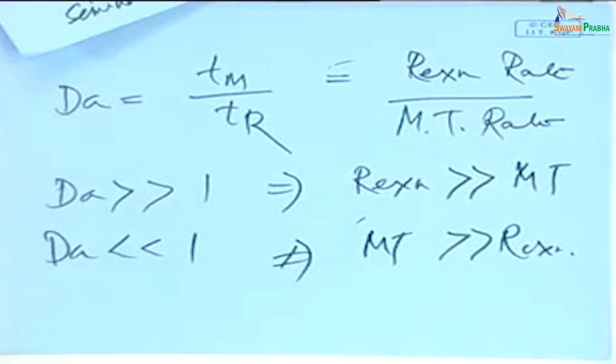Based on this, we can get the two asymptotes of mass transfer limitations and reaction limitations. I think we will stop here, and we will continue with the mass transfer coefficients at different flows, and then look at interphase mass transfer in next week's lecture. So, thank you.